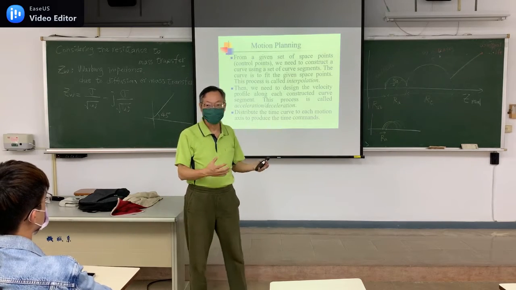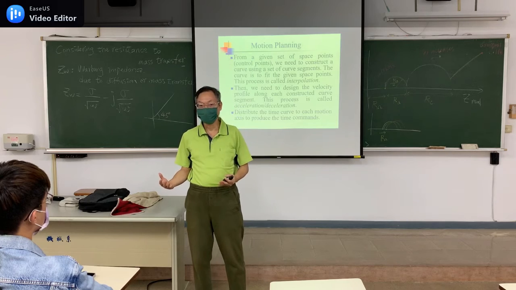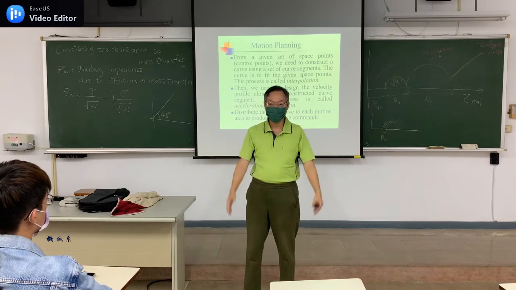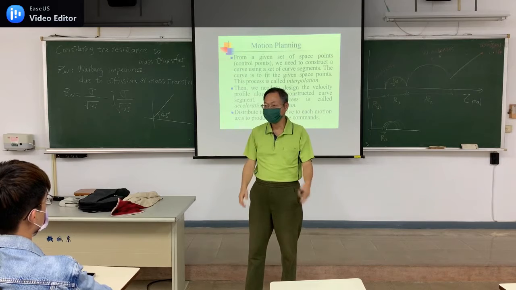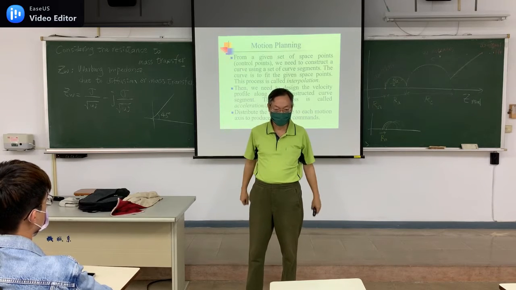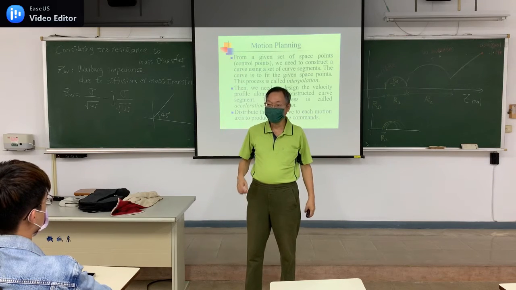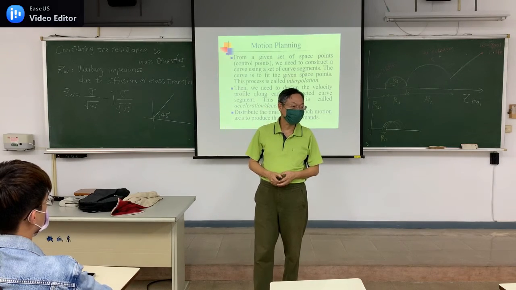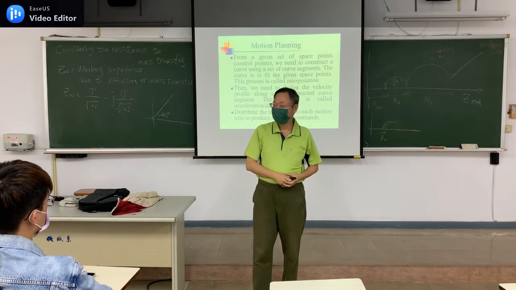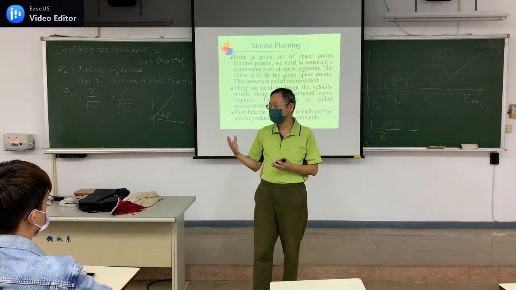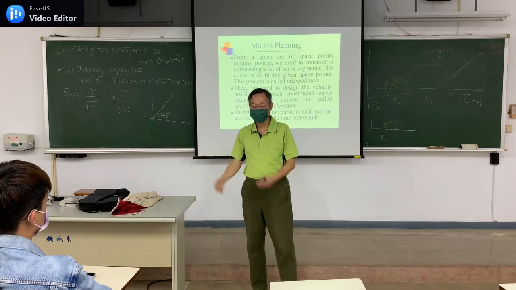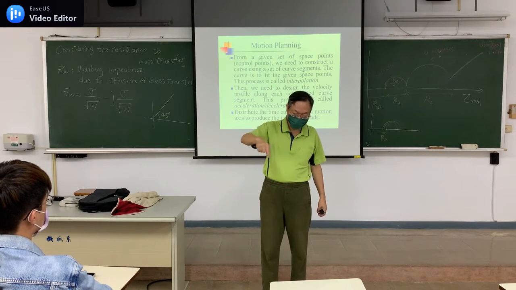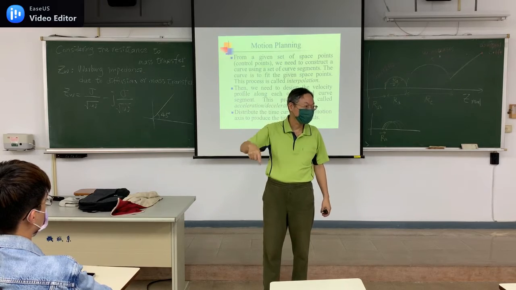What does the command come from? For example, you are given a machine tool in our lab. You want to do something. The job normally is given by, for example, a customer or by some requirement from some task. For example, we want to cut a circular path.